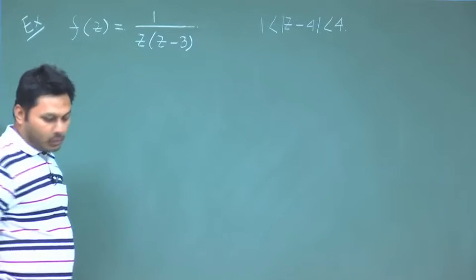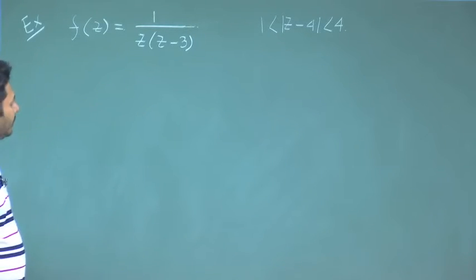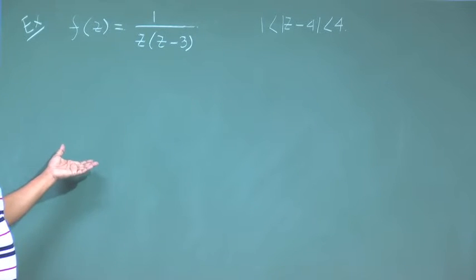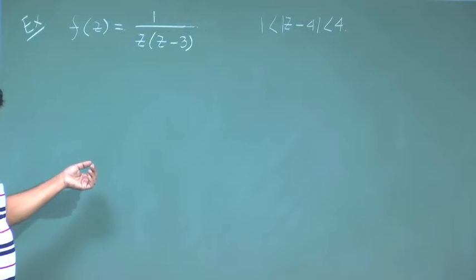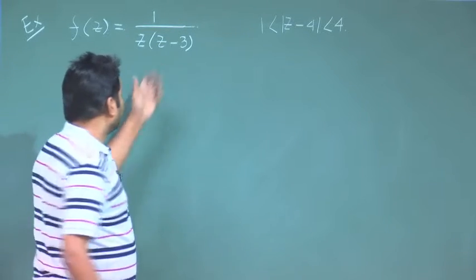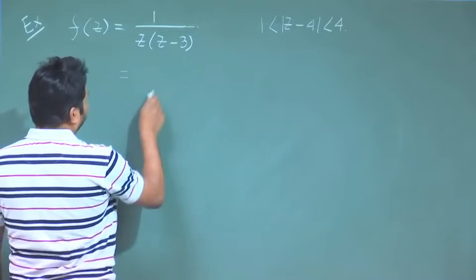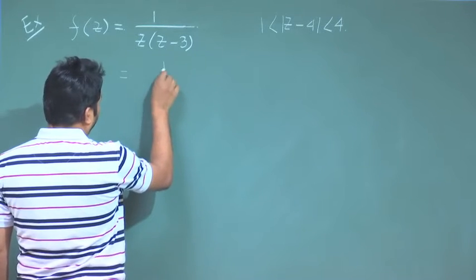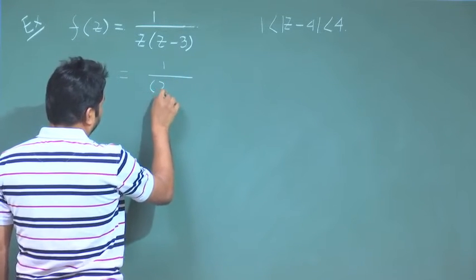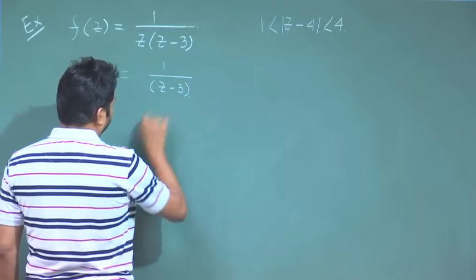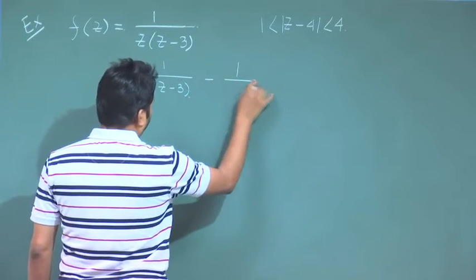Now, if I want to do that, we will do it the way we have already done these things so far. So, we will just separate it as 1 by (z minus 3) minus 1 by z.